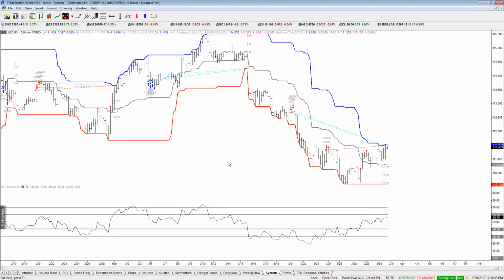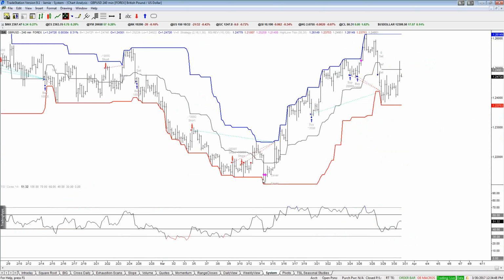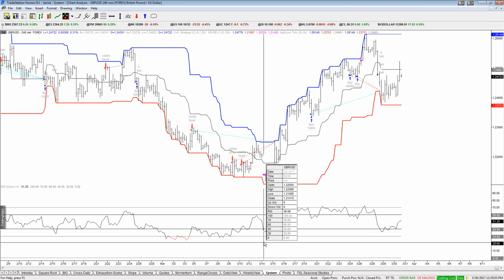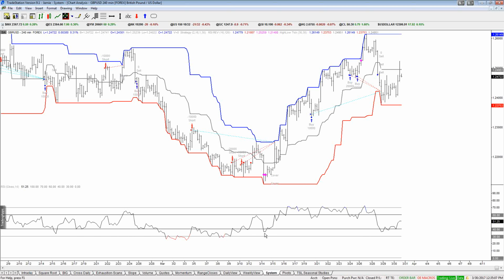Graham asking, what are the magenta dots? Yeah, that's just divergence, right? Remember, I have a very strict definition for divergence. Recall, it's with RSI, but RSI also has to be above 35 or below 65, right?